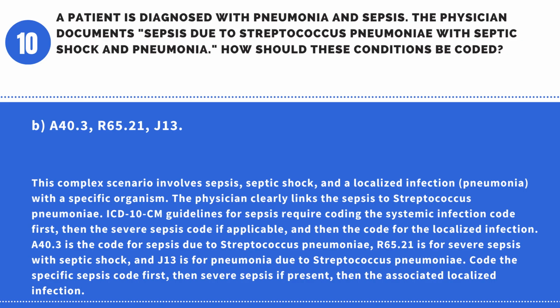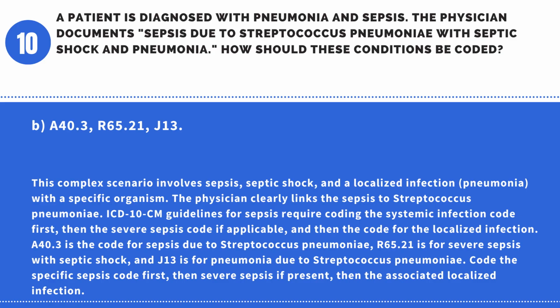Answer: B. A40.3, R65.21, J13. This complex scenario involves sepsis, septic shock, and a localized infection, pneumonia, with a specific organism. The physician clearly links the sepsis to Streptococcus pneumoniae.